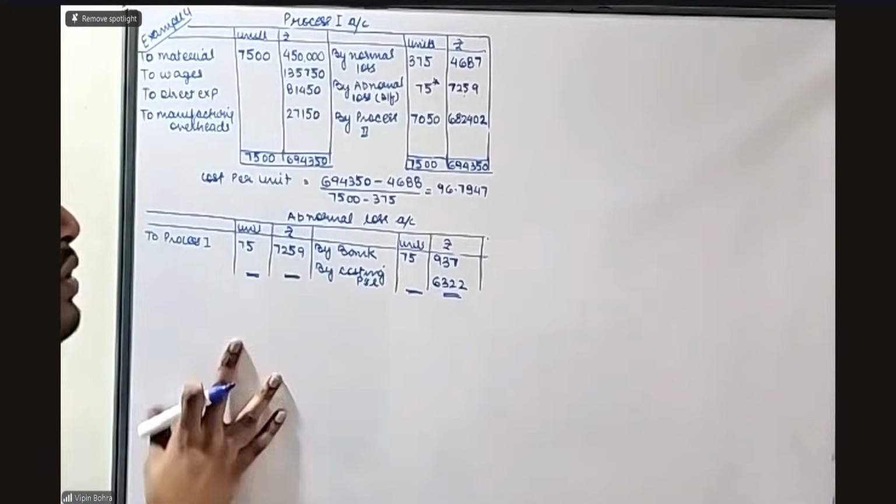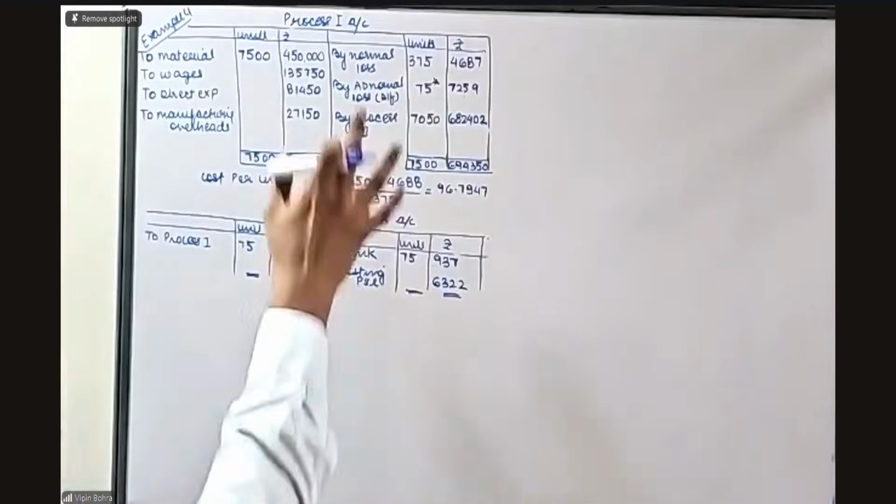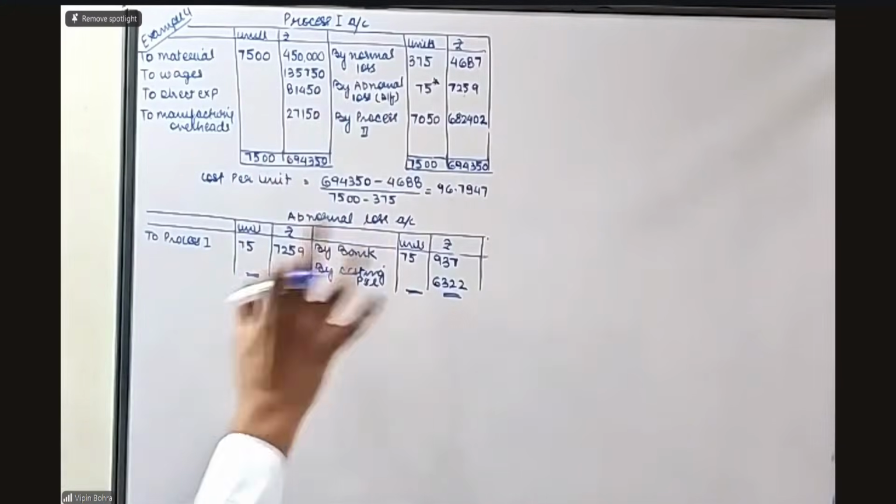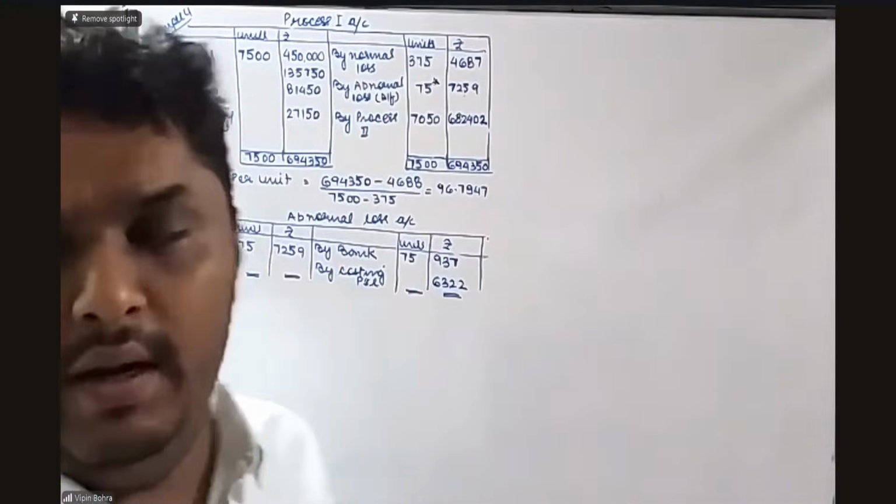You can write the totals due to space constraint. I'm here just putting up the lines. So this is how the normal process account and abnormal loss account is to be prepared.